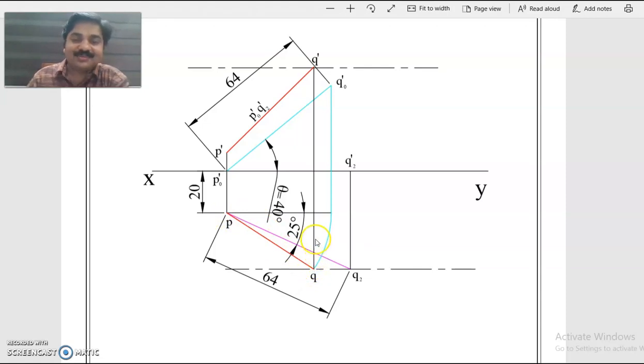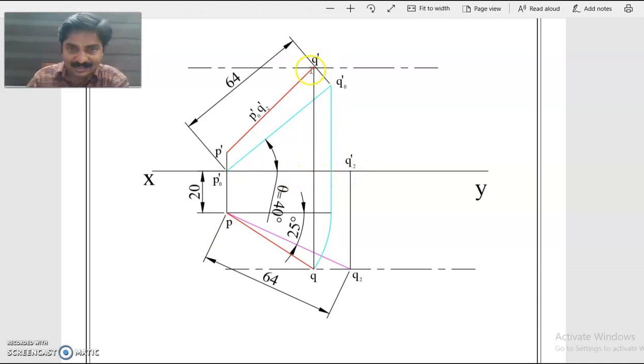If this is Q, Q dash can be drawn because the distance of Q from HP is 50 mm above, that is given, so we can mark Q dash. Now if this is P, P dash will lie in the same projector through P, and the front view length is already found out. P0 dash Q2 dash is the front view length.